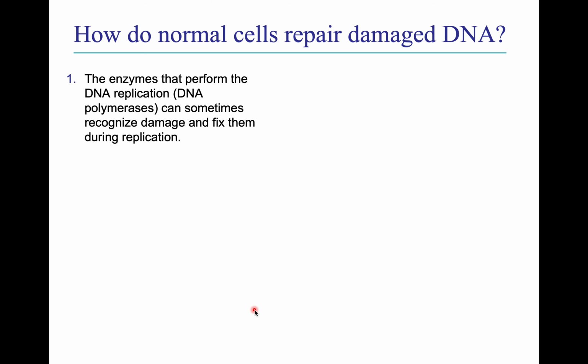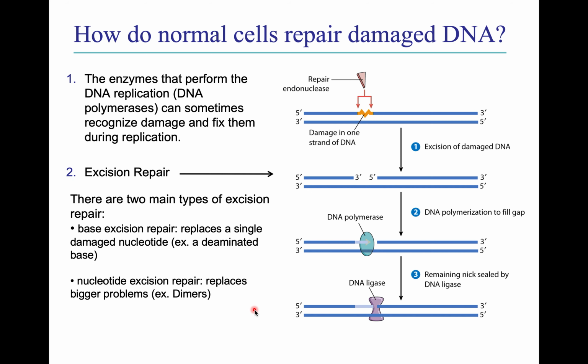So anyway, there's lots of different types of DNA damage, but we do have mechanisms in our normal healthy cells to try to repair most of these types of damage. So for example, we have excision repair pathways. The basic gist of excision repair is you have what's called an endonuclease comes in, finds the damaged DNA, let's say a pyrimidine dimer.